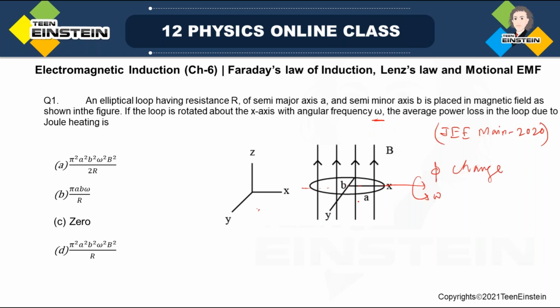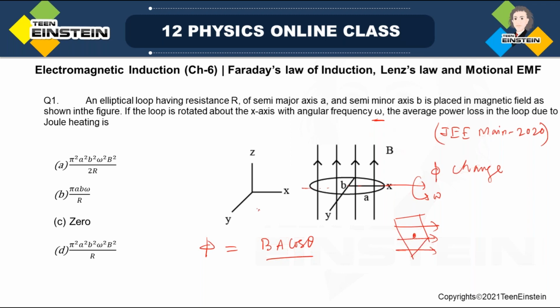So for this kind of problem, the flux linked with the loop can be written as BA cos theta. Why this cos theta? Why not only BA? I'll explain. Suppose magnetic field lines are like this, and there is some area like this.